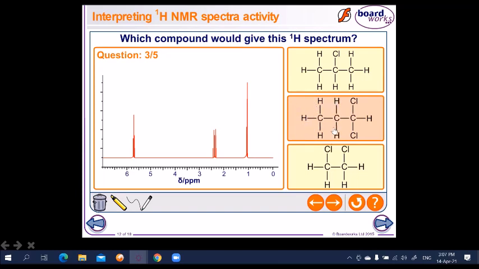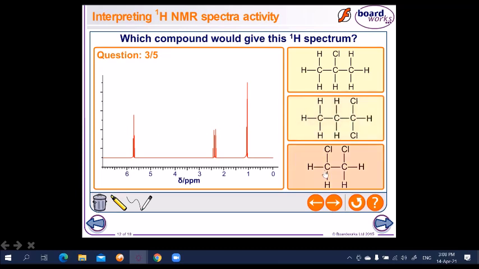Then in here, I would have another chemical environment, these hydrogens of the CH2 here. And then you have this hydrogen that's connected to the carbon that has the halogens, the chlorines. So that would be the third chemical environment. So it's very possible that the middle one could be the correct choice.